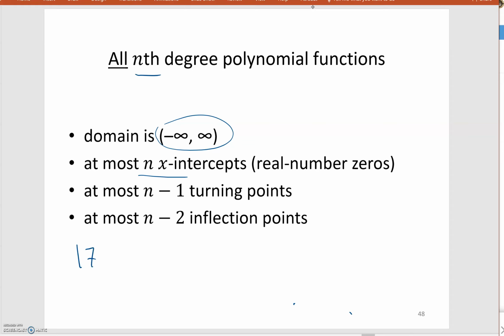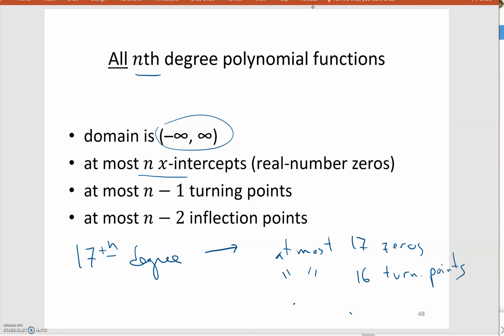So if I have a 17th degree polynomial, it can have at most 17 zeros or x-intercepts, at most 16 turning points, and at most 15 inflection points.